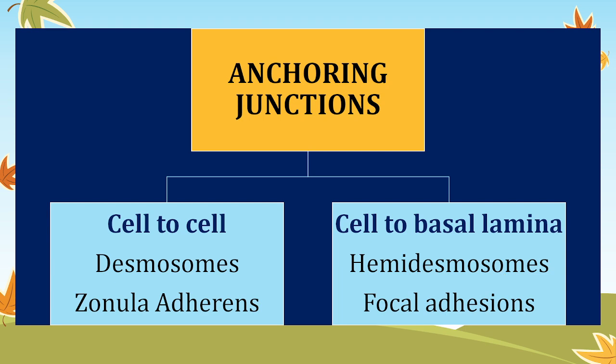We can divide these junctions into cell to cell junctions and cell to basal lamina junctions. The best example for the cell to cell junction is desmosomes, and for the cell to basal lamina it is hemidesmosomes.